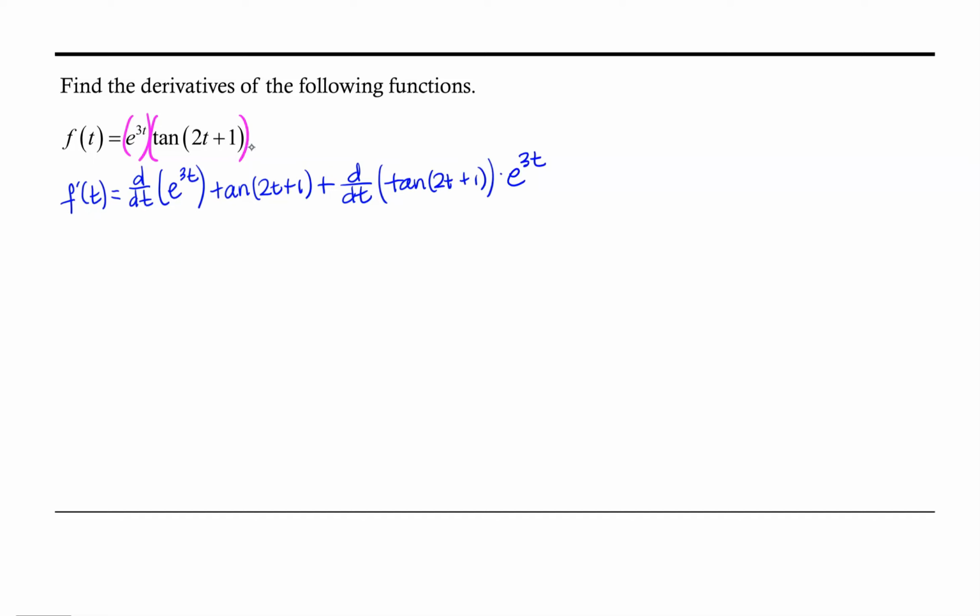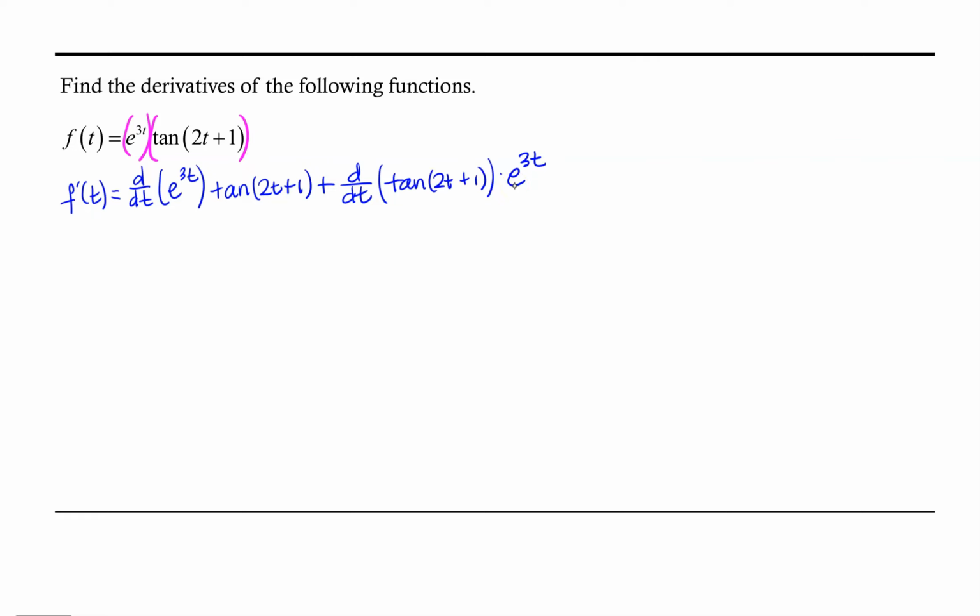So in essence, we're taking the derivative with respect to t of e to the 3t, multiplying that by tangent of 2t plus 1, then adding the derivative with respect to t of tangent of 2t plus 1 times the exponential e to the 3t.